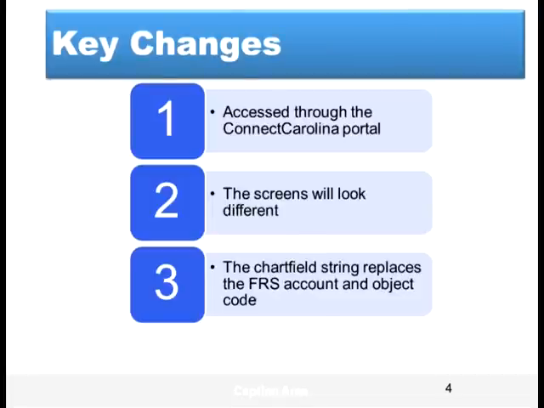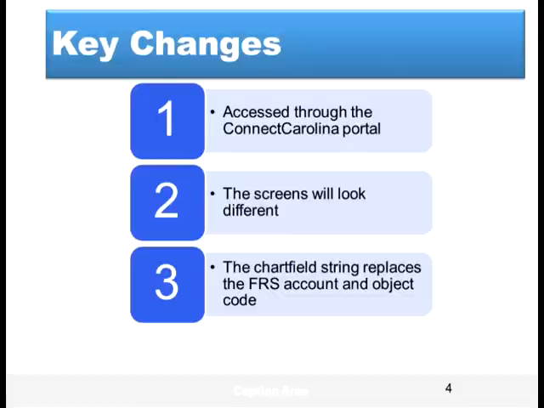Though the ePro 9.1 vendor catalog process will be very similar to the existing vendor catalog process, there are a few key changes that you need to be aware of. First, the vendor catalog menu will be accessed from the ConnectCarolina portal. Second, after you have submitted your order from a vendor's website back to ePro, the screens will look different than they do today.